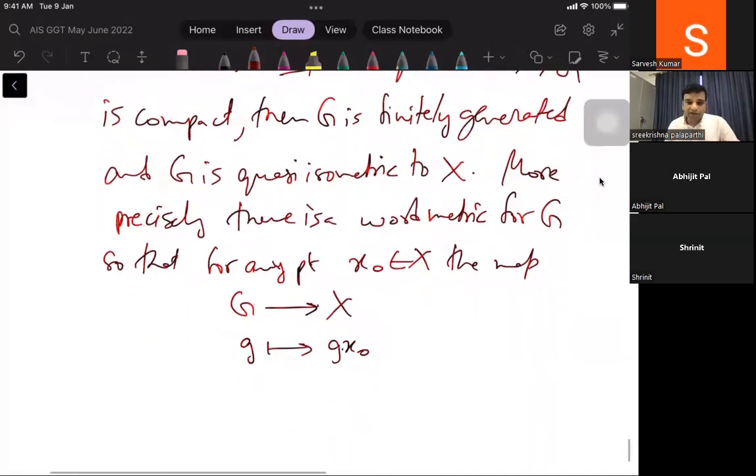G is acting on X, right? So the quasi isometry is given by that kind of map.